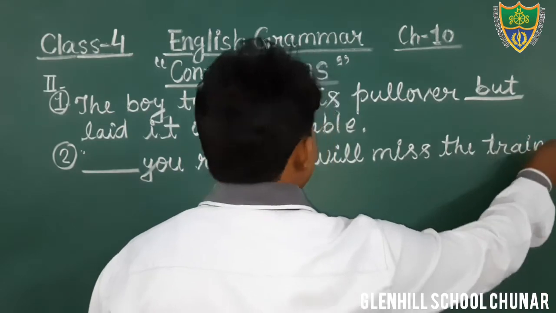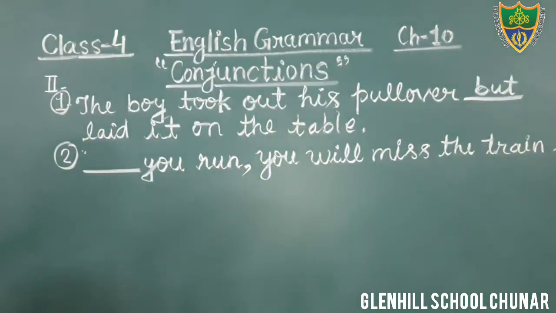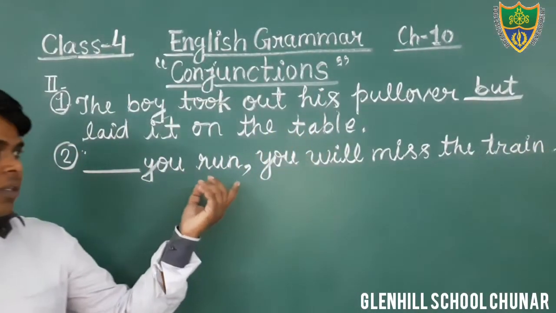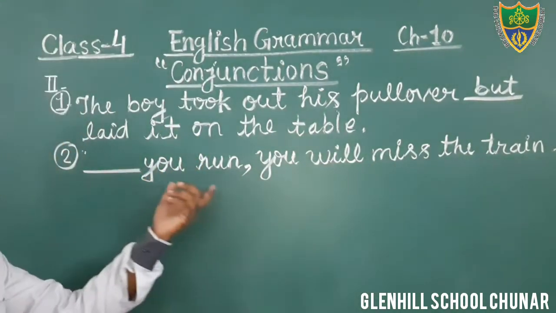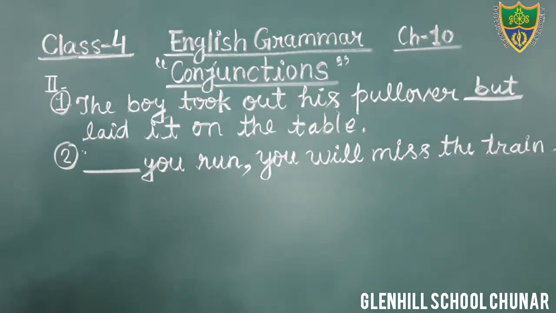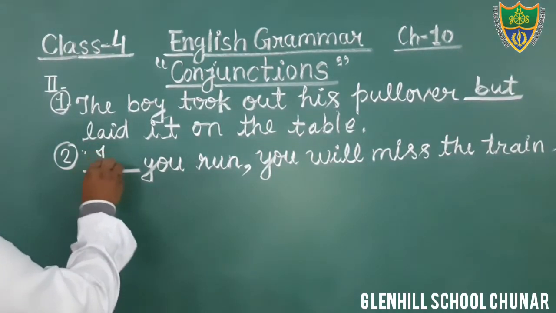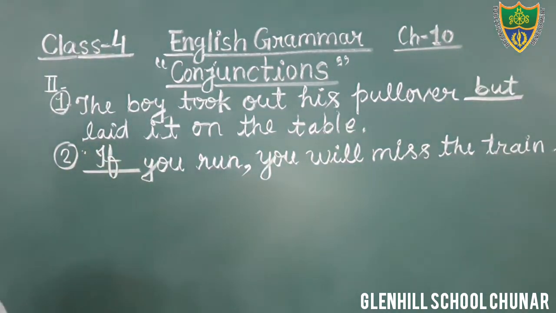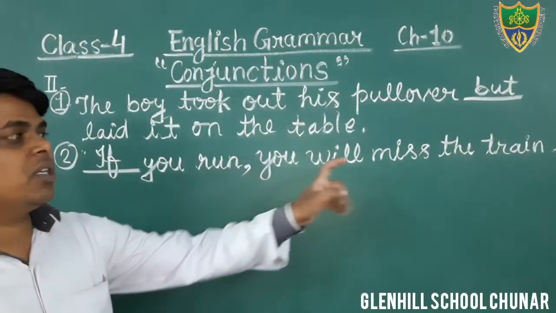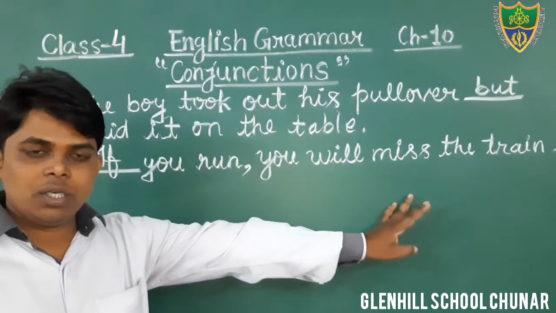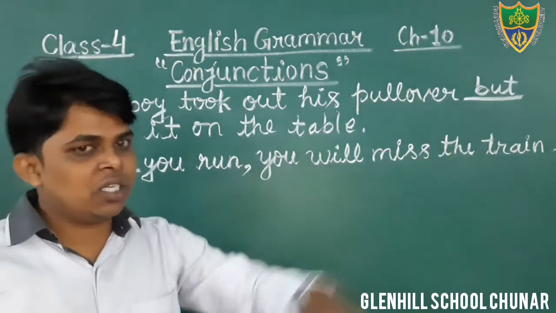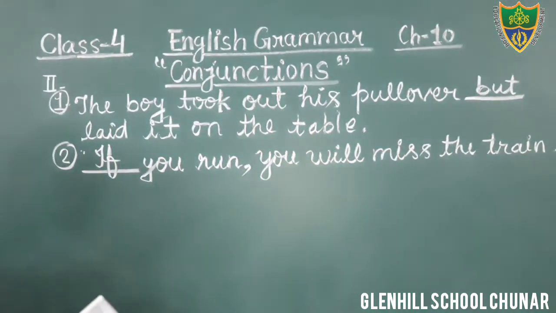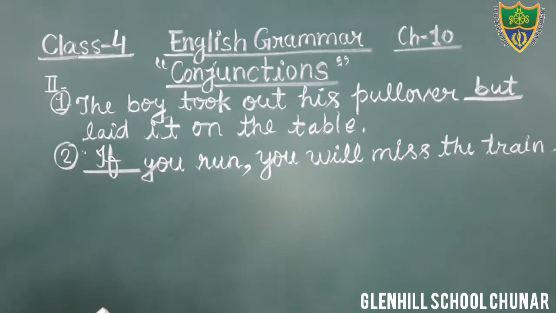Just see students, it is written here: dot is given, you run, you will miss the train. If you run, dear students, you will use the conjunction if. If you run, you will miss the train. That is the correct sentence. Okay, come to the next question.